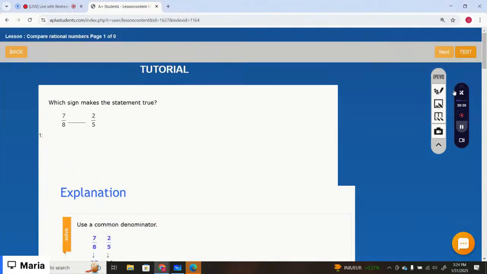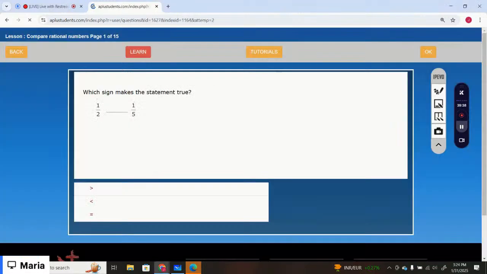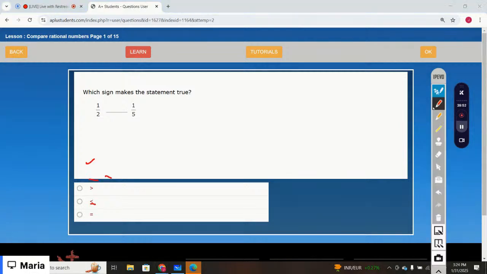Let's just start with the test questions. Which sign makes the statement true? The first thing you have to do is you need to make the denominators the same. So the common denominator is 10, right?